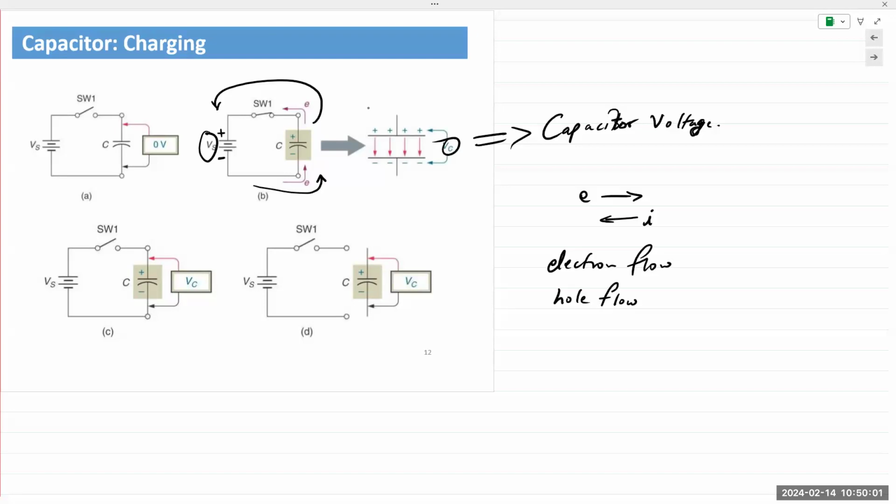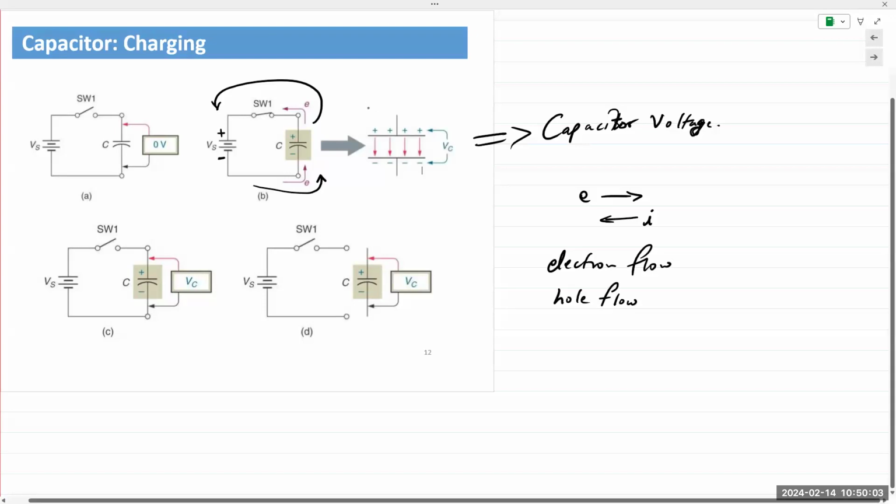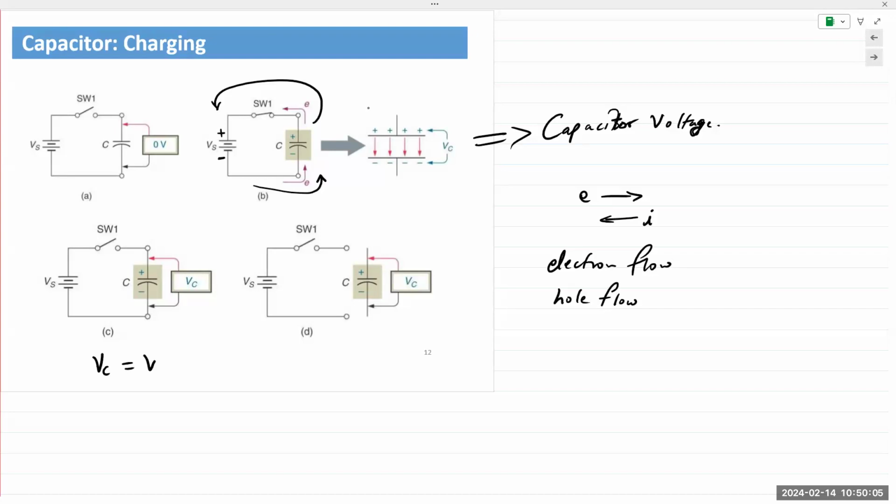But once Vc reaches the value of Vs, there is no more imbalance, and we say the capacitor is fully charged. The capacitor has stored as much energy as it can. It reaches full charge or maximum charge, and that's it.